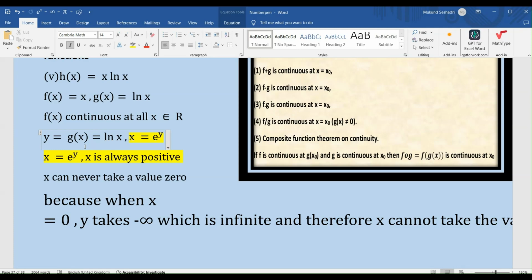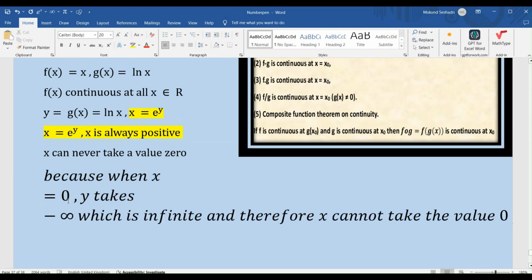It is infinitely large, that you do not know what the value is. So then x also cannot take the value 0. So what is the value that x can really take here is what we are left to answer before solving the final h of x problem, right?